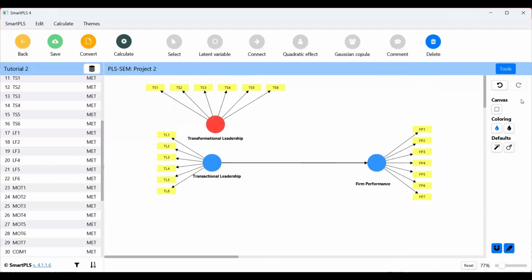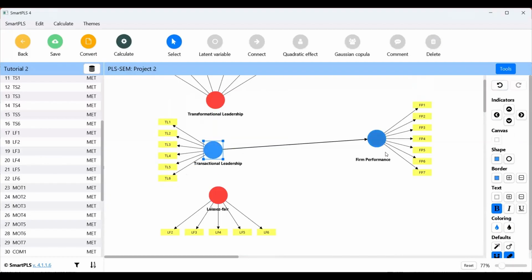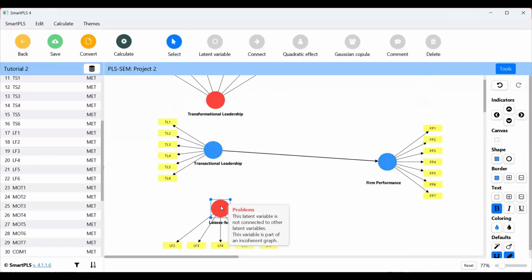I think I deleted it, sorry. So let me connect and let's see what we can do today.